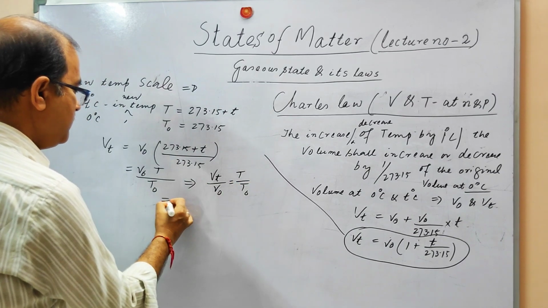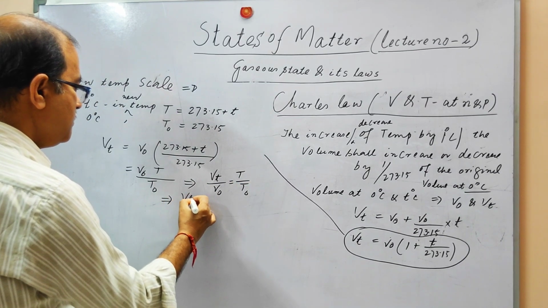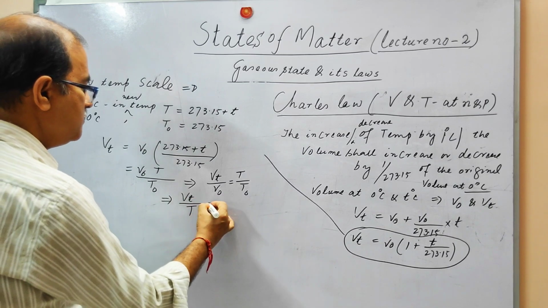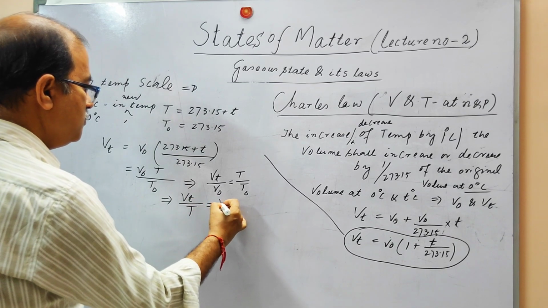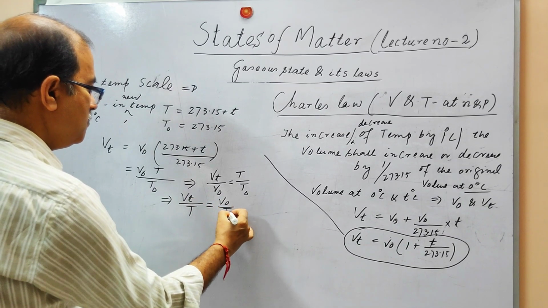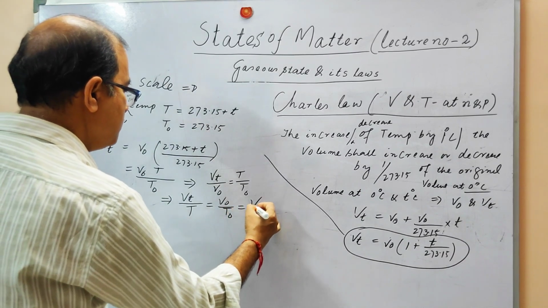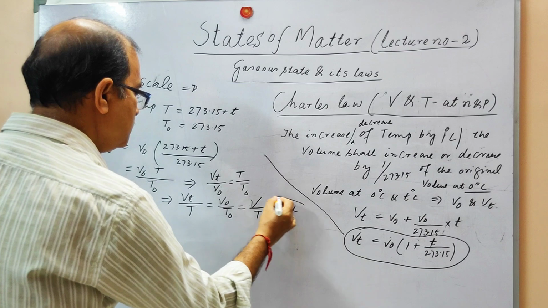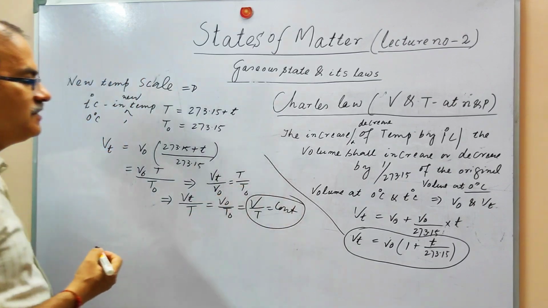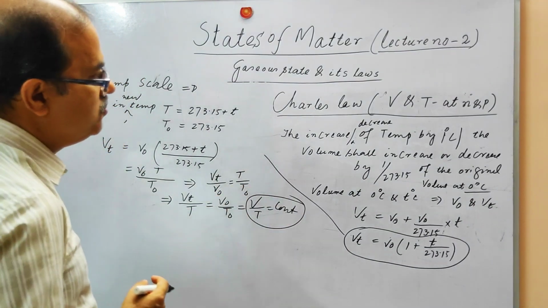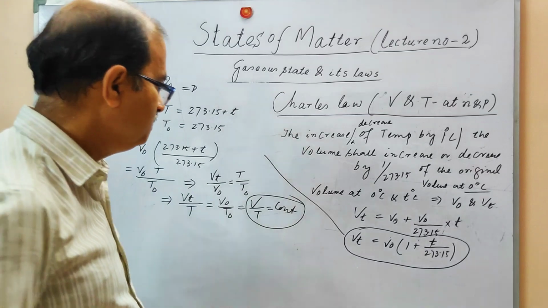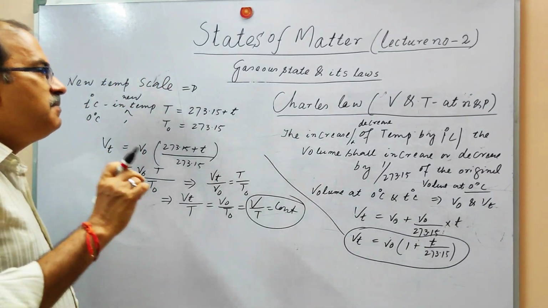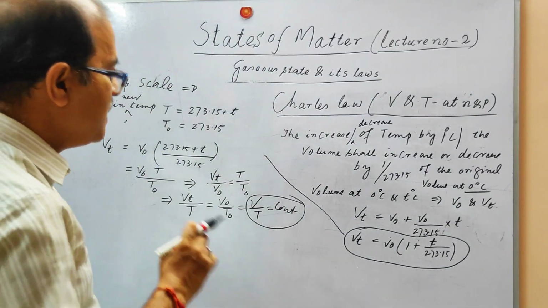Now we can write this way, Vt by T is equal to V0 by T0, or we can say V by T is equal to constant. This is called the Charles law equation, a mathematical expression of the Charles law.